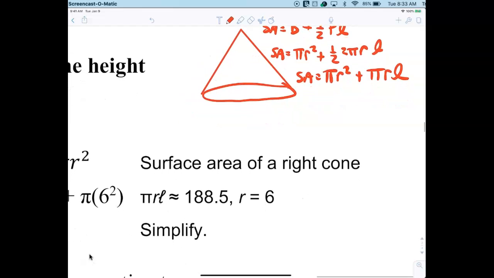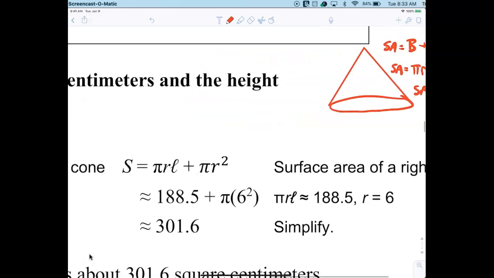So let's do that real quick. If I were asking you to draw a cone, it would look something like this. That's not very good. Try to make a circle. And then what happens is you cut out a wedge.